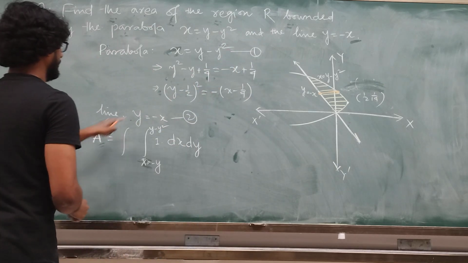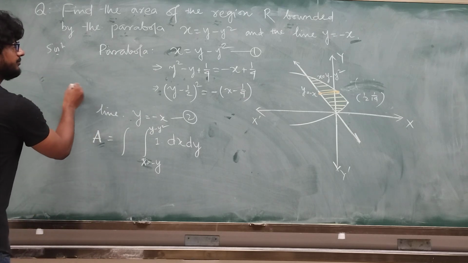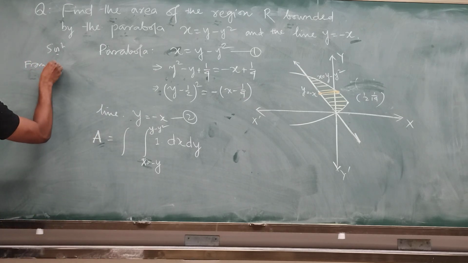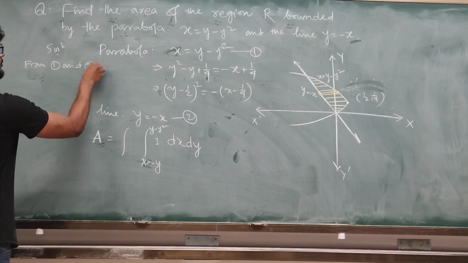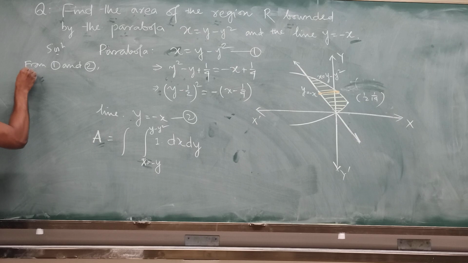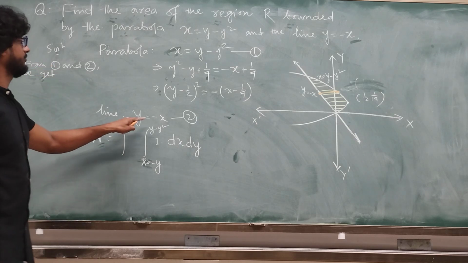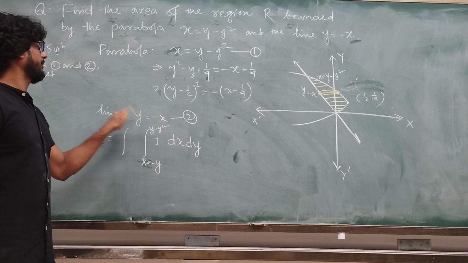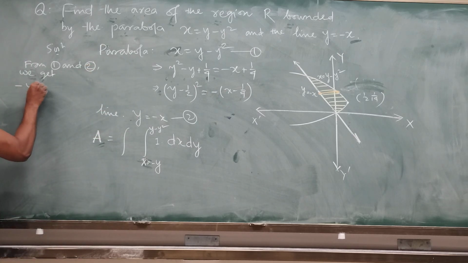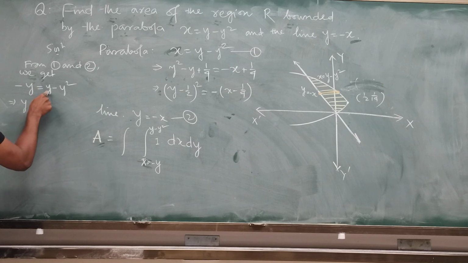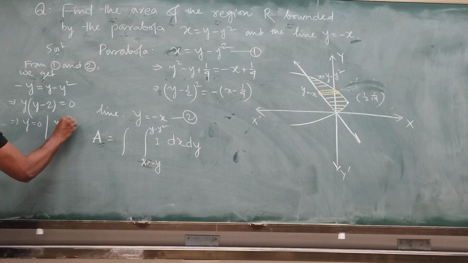If we solve from 1 and 2, x is minus y. So minus y equals y minus y squared, so taking this side, 2y minus y squared equals 0, y common, y into (y minus 2) equals 0. So we get y equals 0 and y equals 2.